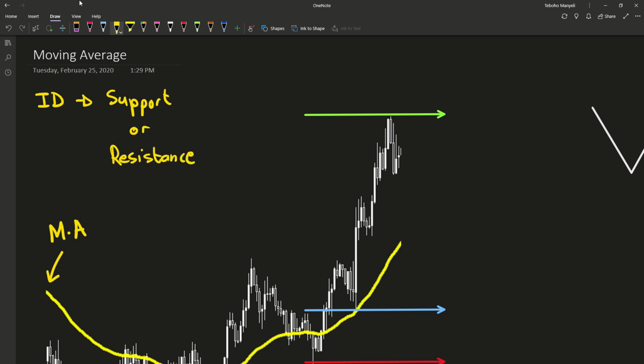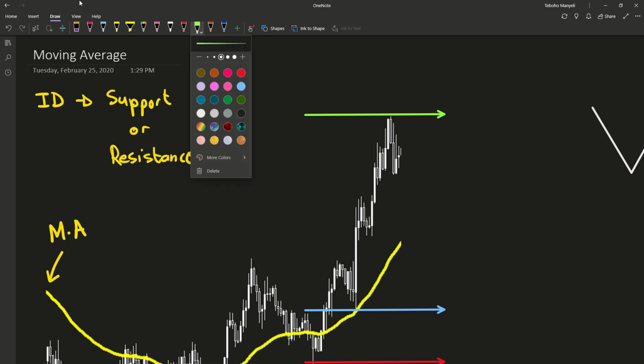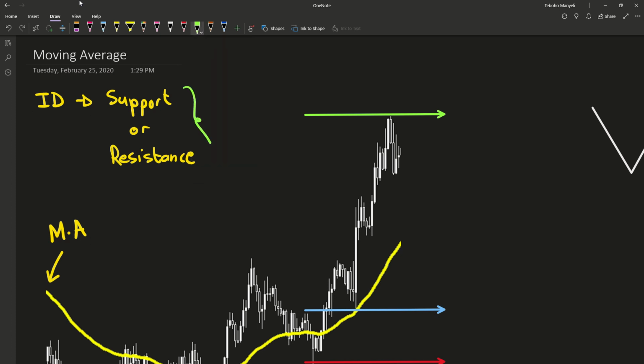You can think about it as a moving support and resistance. All right, let me further explain this.